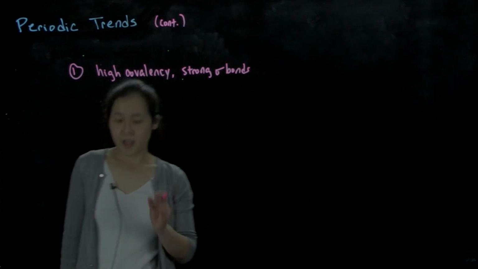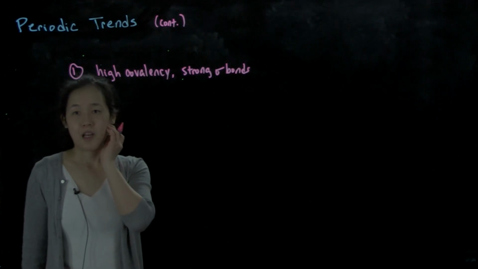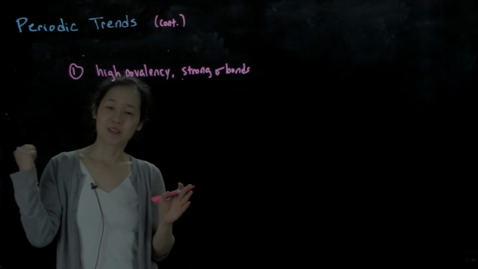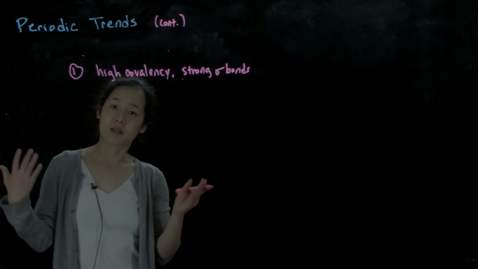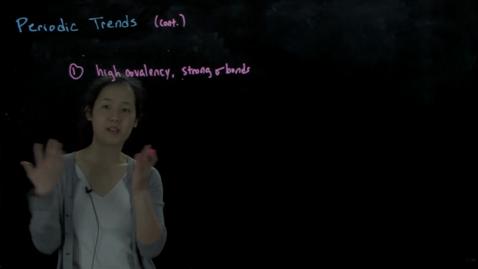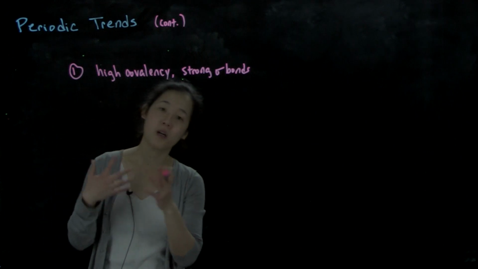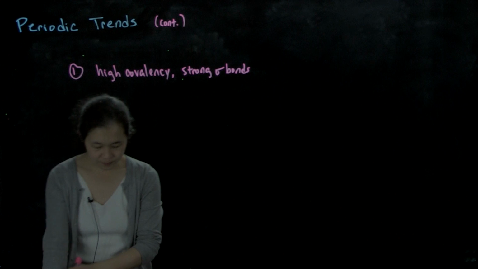This has to do with, again, the small size, and there's going to be high orbital overlap. The key point I mentioned in the last lecture is that the greater orbital overlap you have, the more covalent bonding you will have, because you have to share those electrons and form molecular orbitals that are highly overlapping.